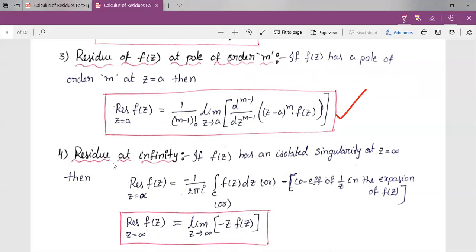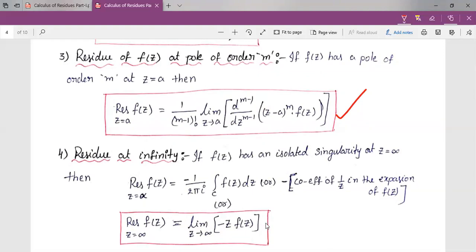And the fourth point: residue at infinity. How to find the residue at infinity? If f(z) has an isolated singularity at z = infinity, then we use the residue formula: Res f(z) at z = infinity equals the limit as z tends to infinity of (−z) f(z).